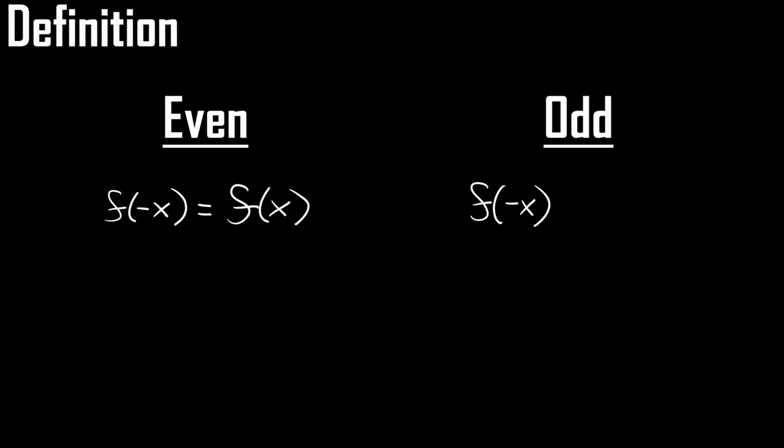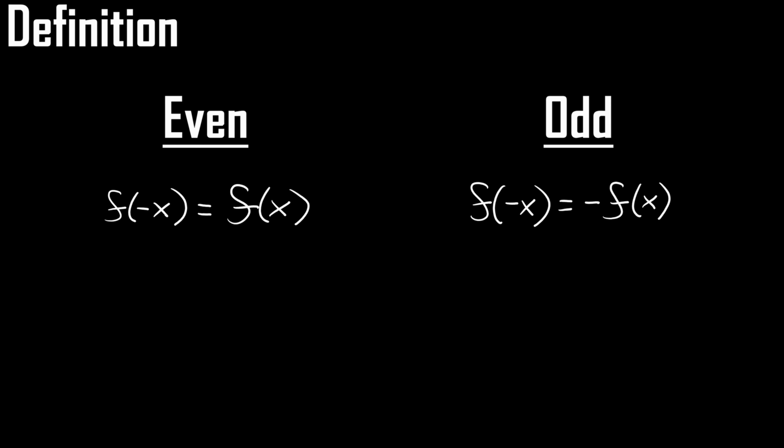Let's begin with the formal definitions. A function is even if f of negative x equals f of x. Now a function is odd if f of negative x equals negative f of x.